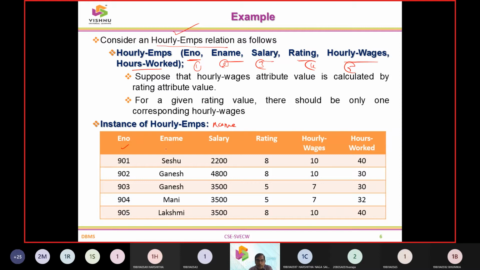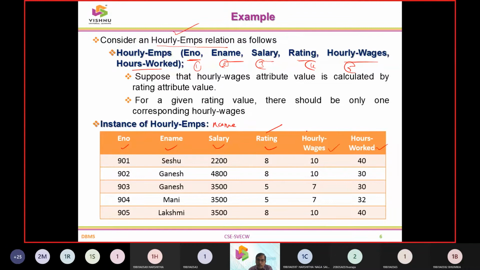Rating is like when we buy some products on Flipkart and Amazon, we give a rating on how good it is working. Similarly, the rating was given to the employees.